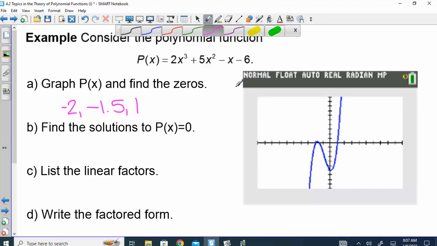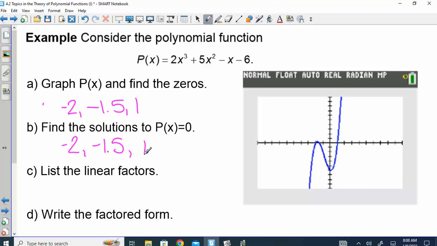What values of x make this whole thing equal 0? Isn't that the same as the zeros? Yeah, I'm just asking the same question another way. So, zeros are the numbers you plug in for x that make the entire thing equal to 0.